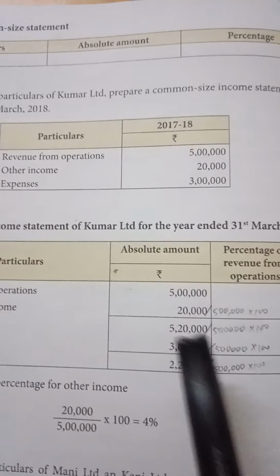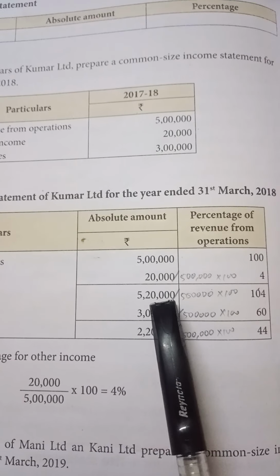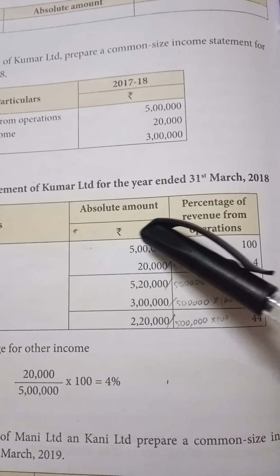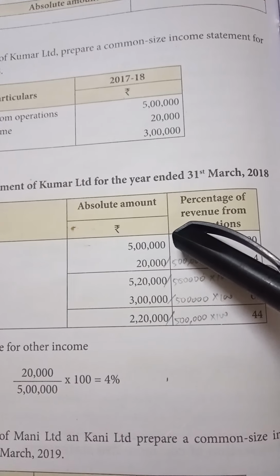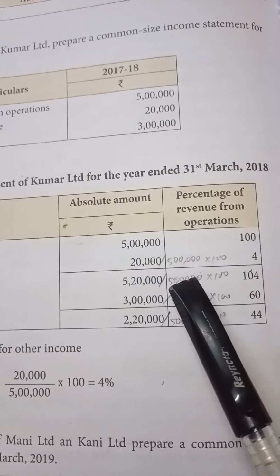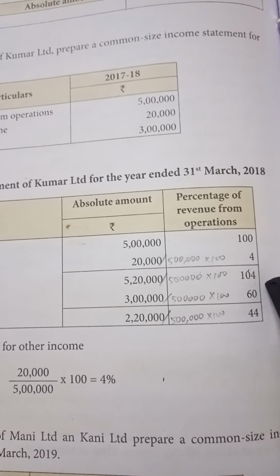Okay, now the next will be 5 lakhs 20,000. So 5 lakhs 20,000 divided by your absolute amount of revenue from operations, which is 5 lakhs, into 100, you get 104.